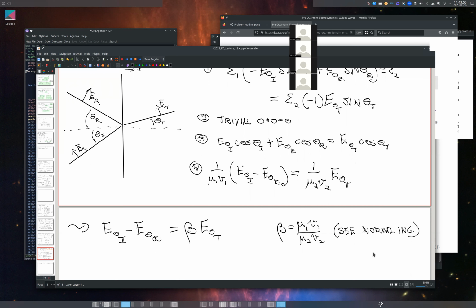However, now the third equation here becomes different from what we had before.